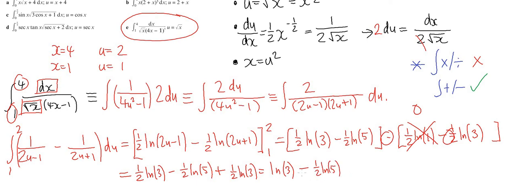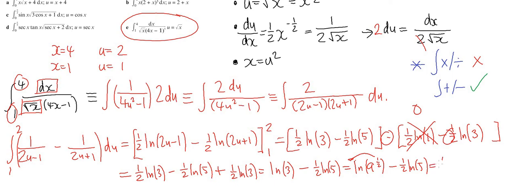Right, now, law of logs. I can't combine these two because this has got a different coefficient. What I can do is, instead of writing ln of 3, I can write this as the ln of 9 to the power of a half, minus a half ln of 5. So we all know what we can do with that. I can take that power to the front and write the square root of 9 as my log.